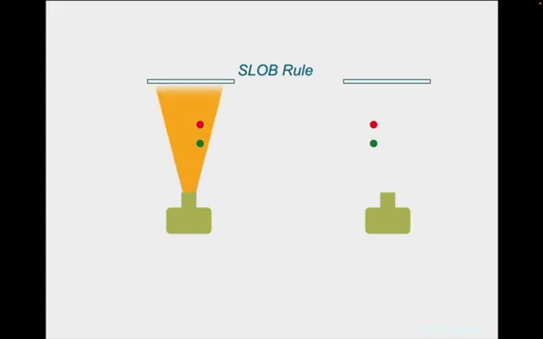You take an x-ray, and as you can see here, we have a green object and a red object. This is how the red object looks, and this is how the green object looks. Then we shift the tube in the mesial direction, toward the right-hand side.